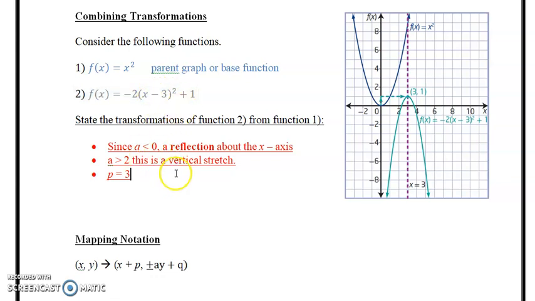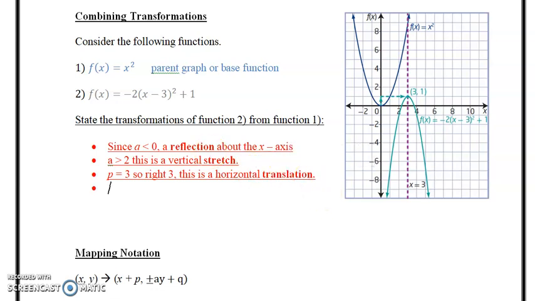If it was plus 3, it would be negative 3. So p is equal to 3. So write 3. This is a horizontal translation. So there's our stretch, R and S, and our translation, so RST.